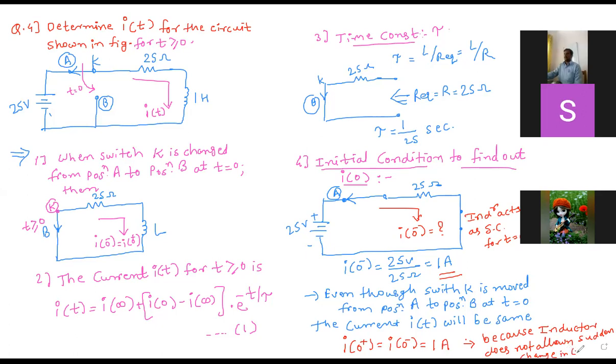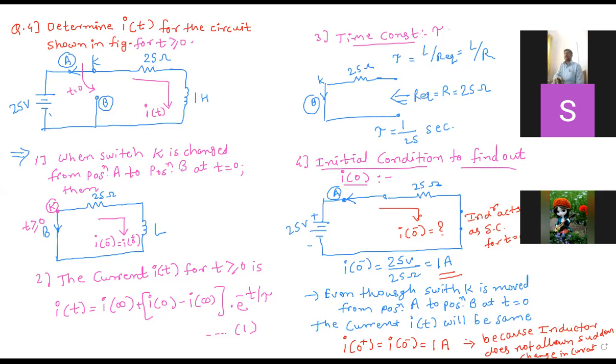So this is what the important thing. So we got now I of 0 plus is equal to I of 0 minus as the same, that is the previous, 1 ampere current.